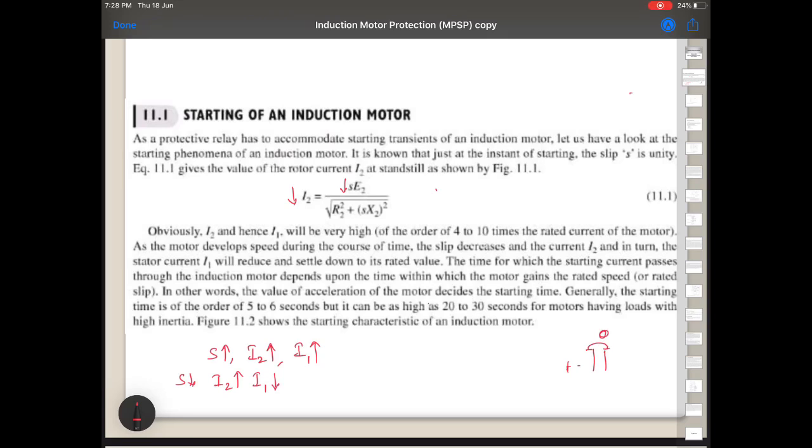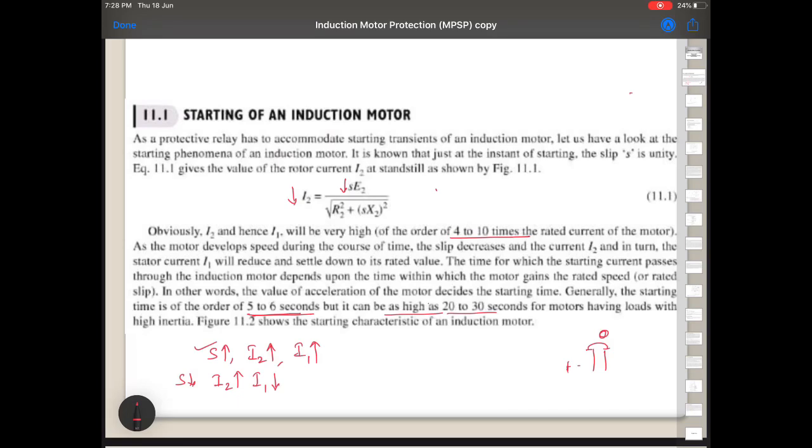To attain rated speed from the initial condition, it takes around 5 to 6 seconds, and it may go as high as 20 to 30 seconds. During this time, it will draw around 4 to 10 times the rated current, which is very high. It is because slip is high.